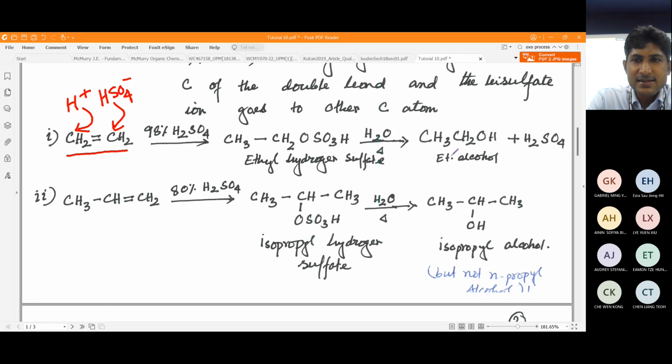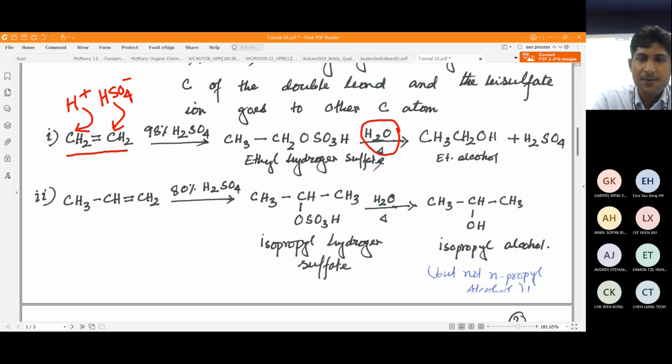But the interesting part is later, in the presence of water or steam. It is better to say steam, because it is water with heat applied, so it is hot water vapor. This ethyl hydrogen sulfate then produces alcohol, and of course the sulfuric acid.